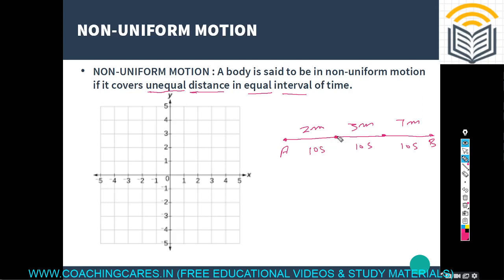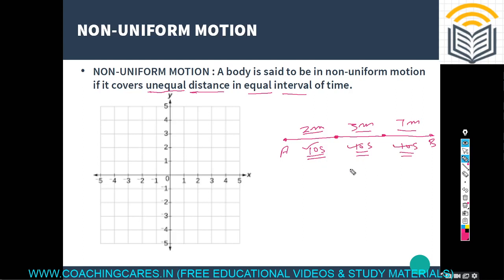So just notice here, in the first 10 seconds the body moves 2 meters, and in another 10 seconds, the same time interval, the body moves an unequal distance, which is 3 meters, and in another 10 seconds the body moves 7 meters. So the time interval is the same, which is 10 seconds, but the body moves different distances: initially 2 meters, then 3 meters, and the third one is 7 meters. So the distance is unequal for equal interval of time. So this motion is non-uniform motion.